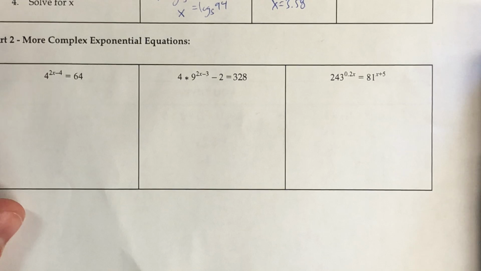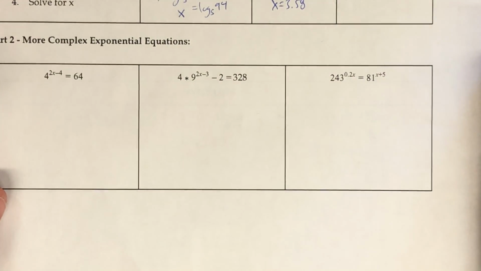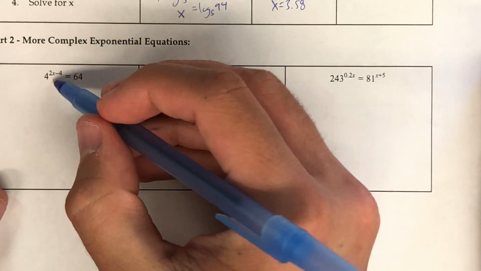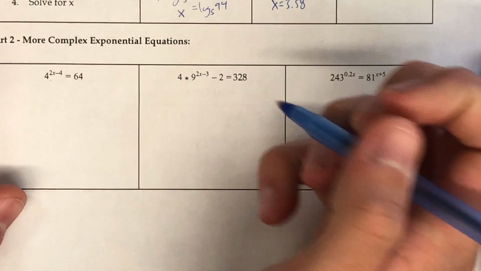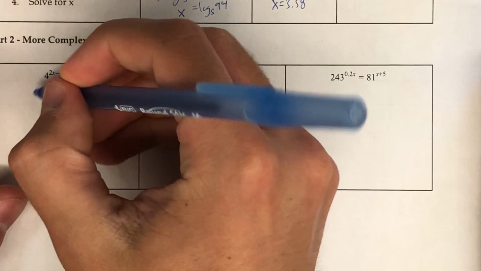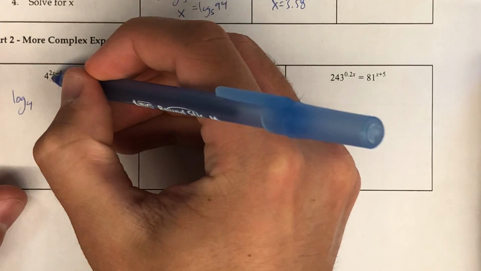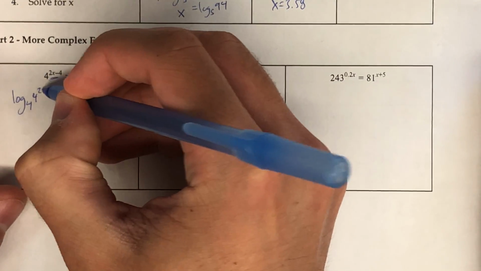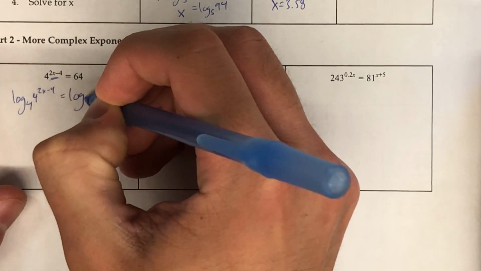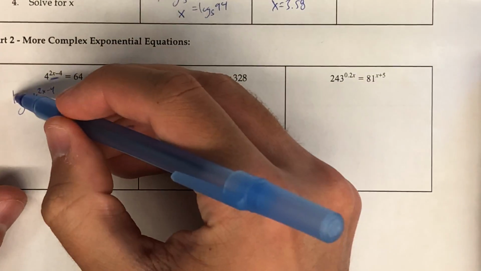It's some more solving. So when we're solving these problems, let's look at first this one here. It's set up in our general form, so we can take the log base 4 of both sides, so we can get that x portion down by itself. So that'll cancel there.